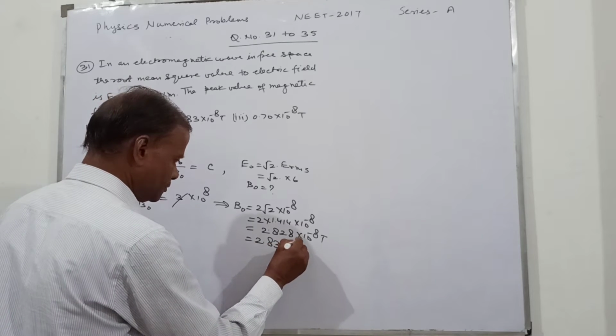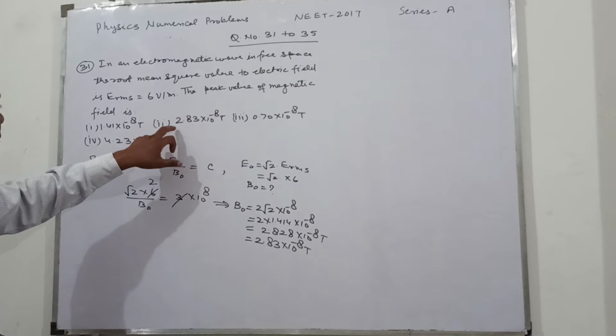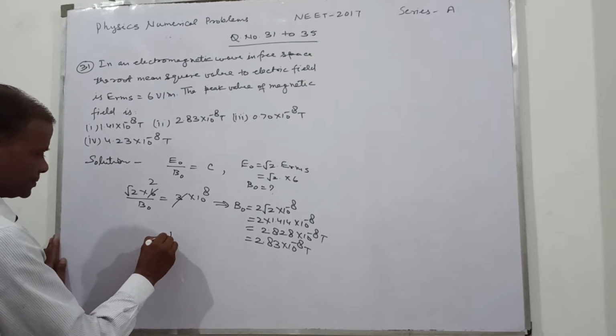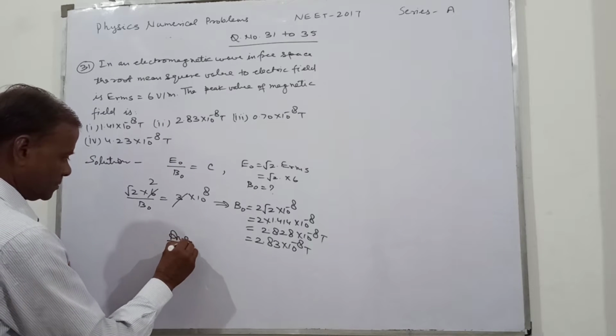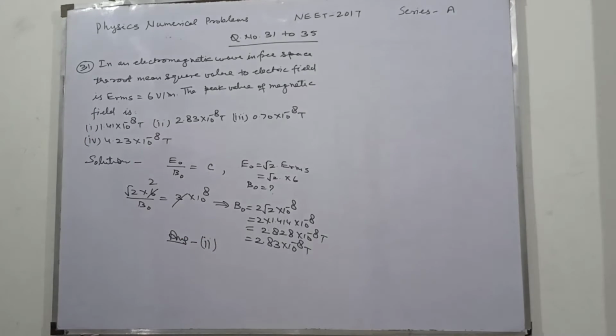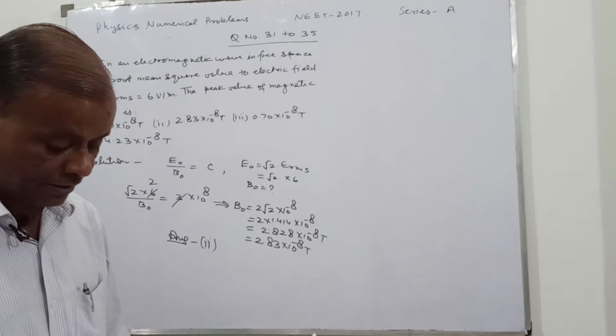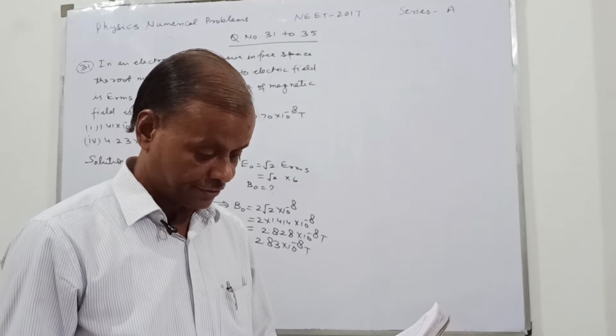So our answer is the second option. This is the correct answer. So this is the direct use of the ratio of the electric field to the magnetic field and the speed of light.